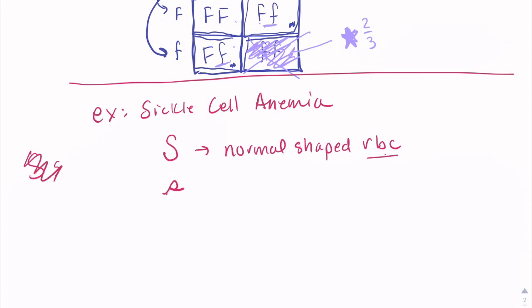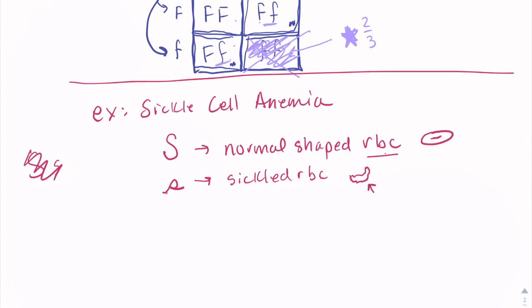So the recessive allele, lowercase script s, causes sickled red blood cells. A sickle is like a crescent shape. Normally red blood cells are disc-shaped and flattened a little bit, kind of like those Mentos candies that people were putting into Diet Coke all the time. Whereas a sickled red blood cell gets kind of shrivelly and crescent-shaped.